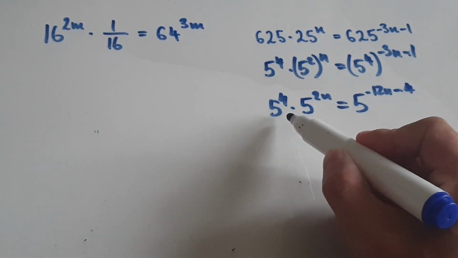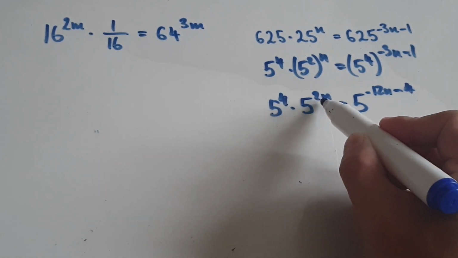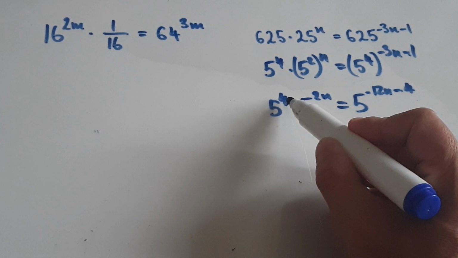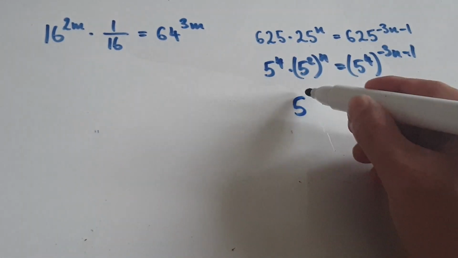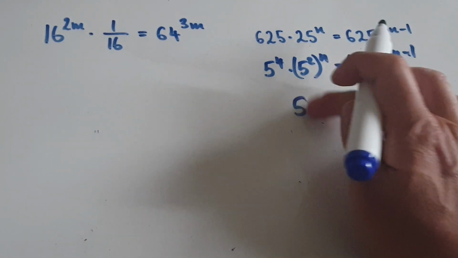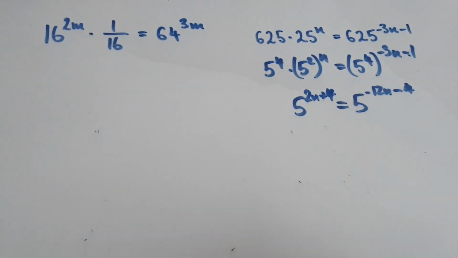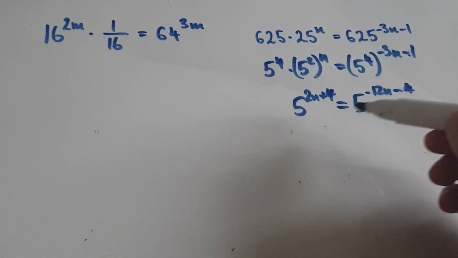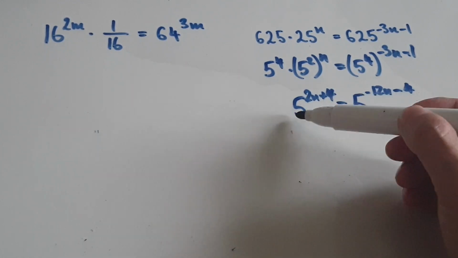Well, this thing here would be these two indices added together. So that would be 5 to the power of 2n plus 4. And now the left-hand side equals the right-hand side. The two bases are the same.